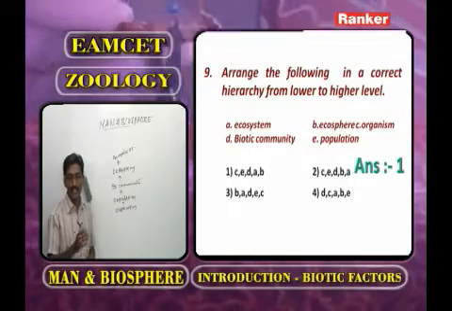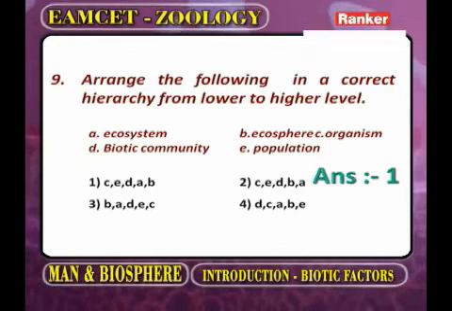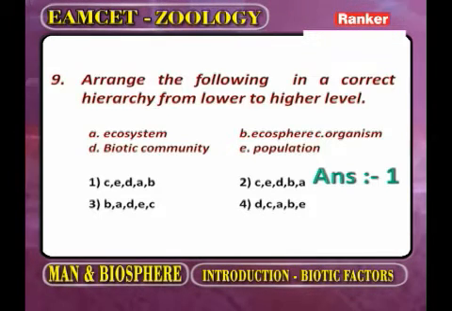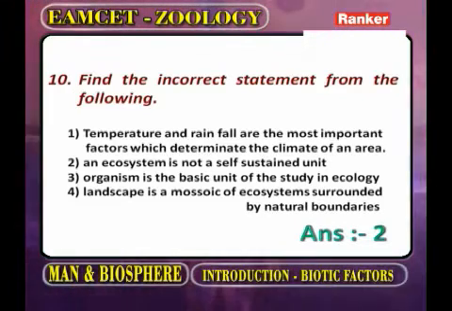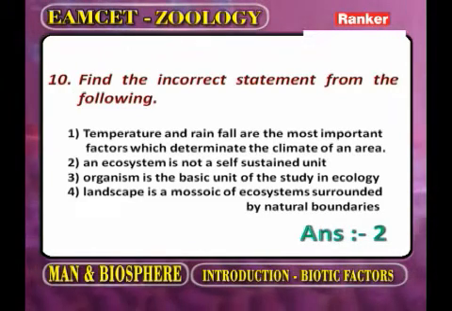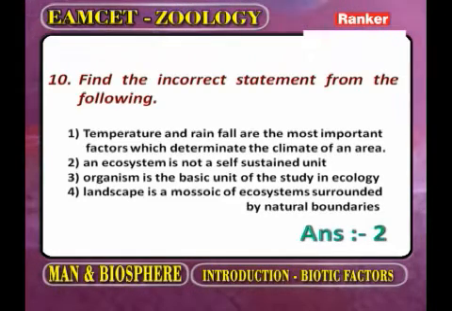Now we move to the next question. Find the incorrect statement from the following. The first statement: temperature and rainfall are the most important factors which determine the climate of an area.